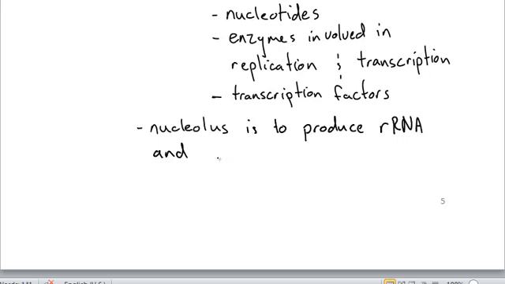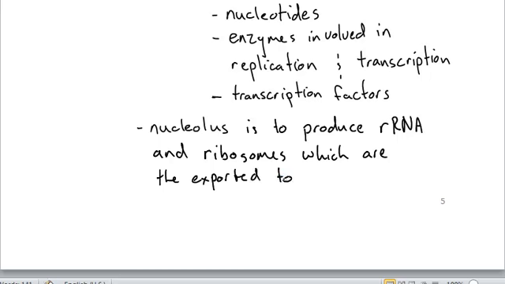And what are rRNA part of? What is it going to join up with protein to make? That's right, ribosomes, which are then exported to the, where do they work? That's right, cytosol.